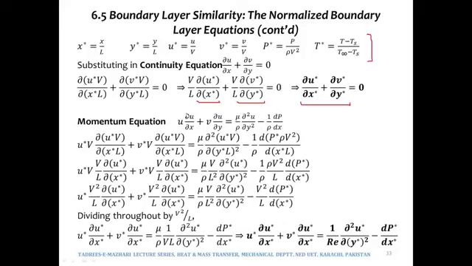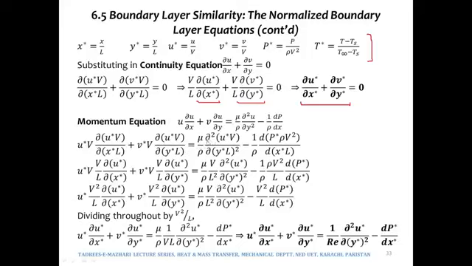Now we can write this u as u star times V, and then it says dou u by dou x, so it would be dou of u, meaning u star times V, over dou x, meaning x star times L, plus v would be written as v star times capital V, and u would be written as u star times V over y, so y would be written as y star times L. So therefore in place of y we have written y star times L.